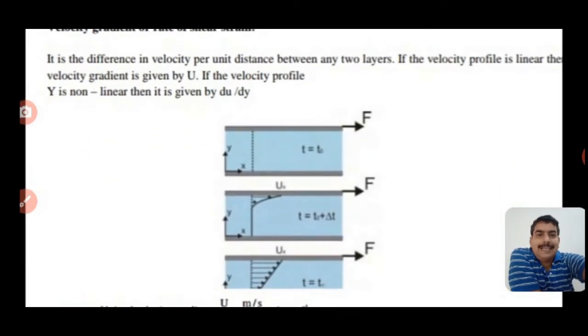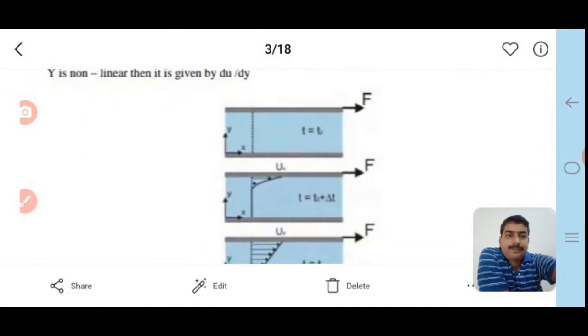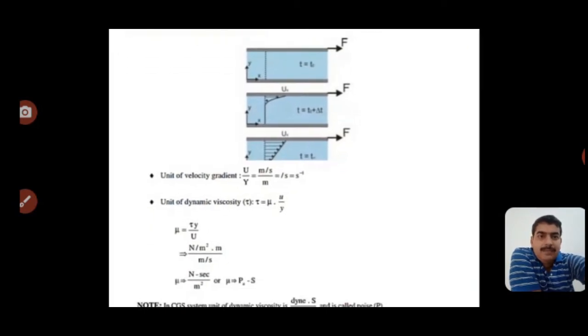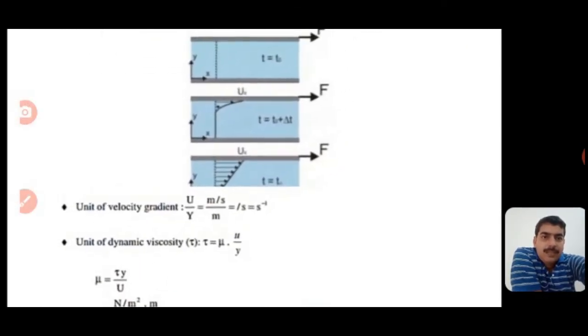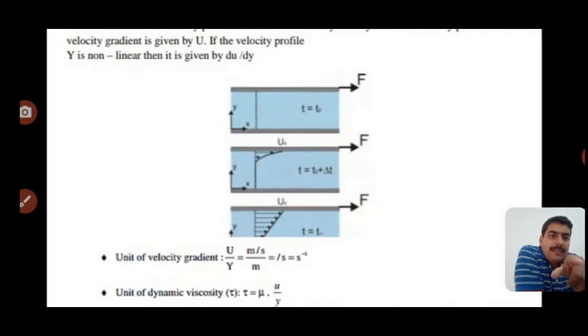Now, velocity gradient and rate of shear strain. In that picture, we see three pictures taken. The first one is t equal to t naught, therefore the velocity profile is drawn. The second one is t equal to t naught plus delta t.